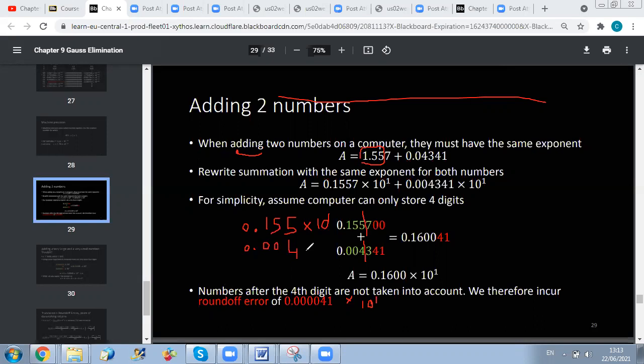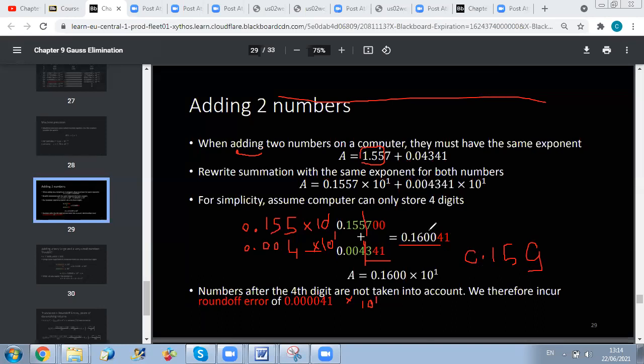Everything after 0.004 you cannot read, the 341, and it is also times 10 to the power 1. So if you do the addition, it gives 0.159. If you want to calculate the round-off error, you should subtract 0.160041 minus 0.159 times 10 to the power 1, and the error will certainly be higher in this case.